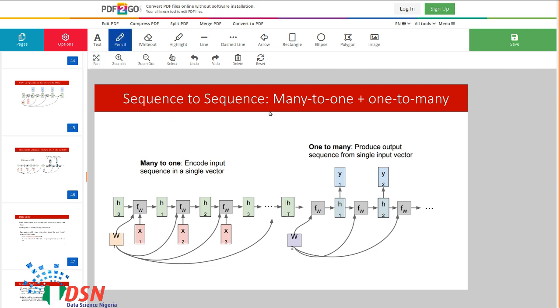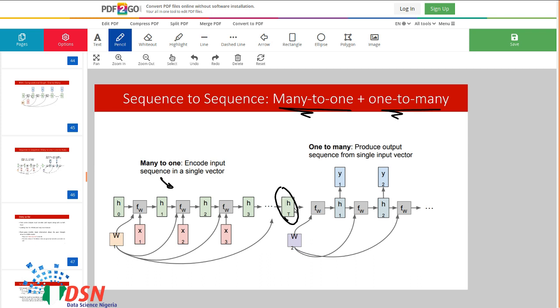For sequence to sequence or many to many, we could consider that as many to one and one to many. The many to one part is encoding the input sequence in a single vector or single state. We just pass the inputs through an RNN to encode all of them into the hidden state.